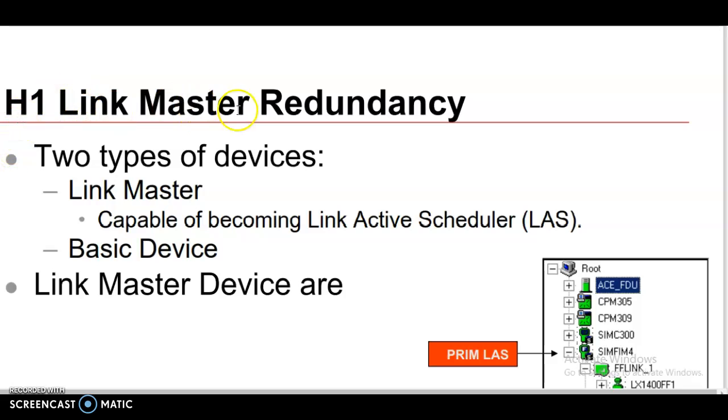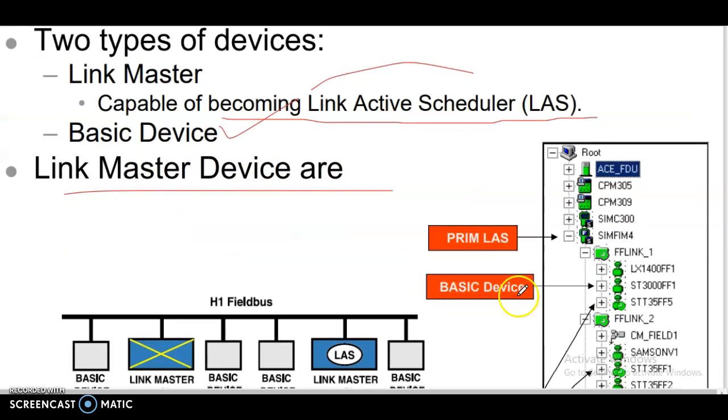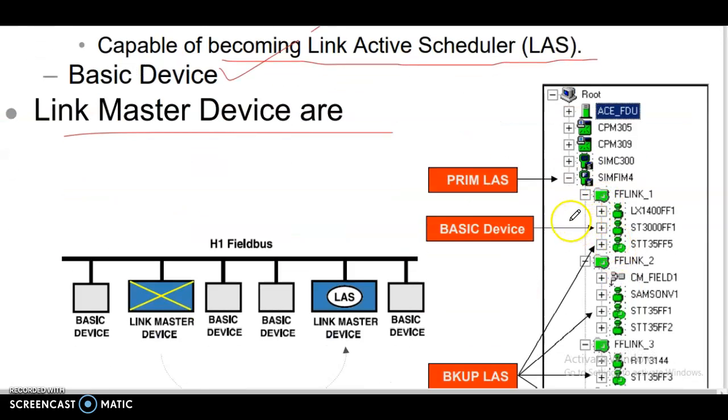H1 link master redundancy. H1 link, H1 Fieldbus. Two types of devices: link master, capable of becoming the link active scheduler (LAS), and basic device. Link master devices are here, the prime LAS. Here is the basic device.